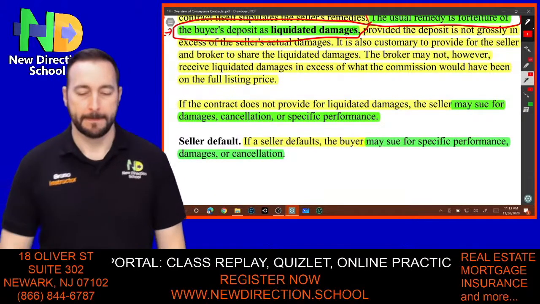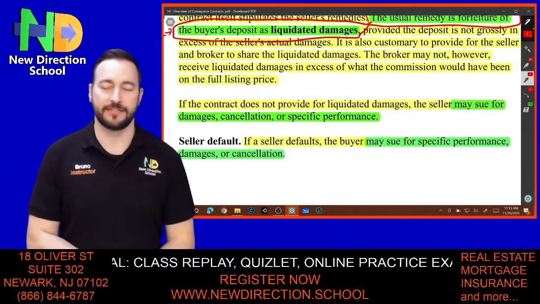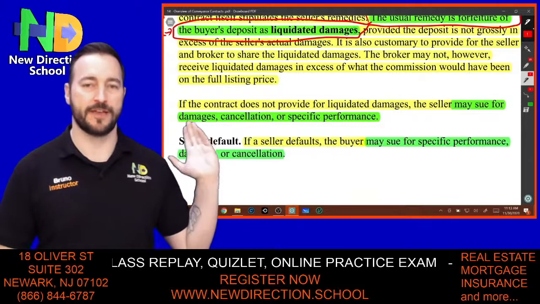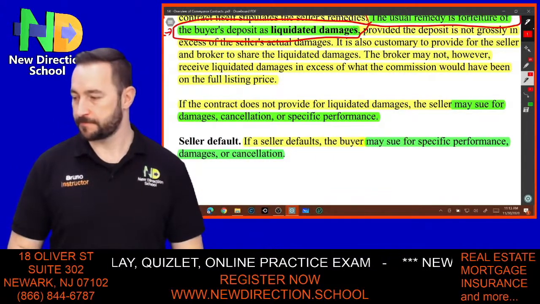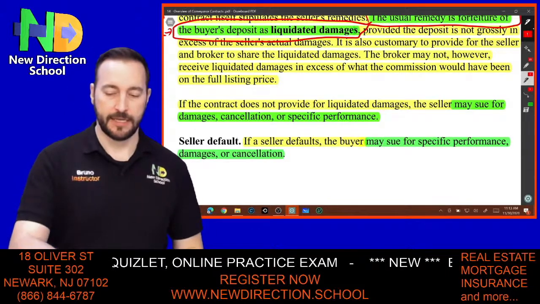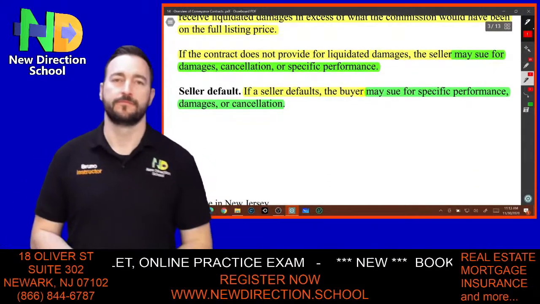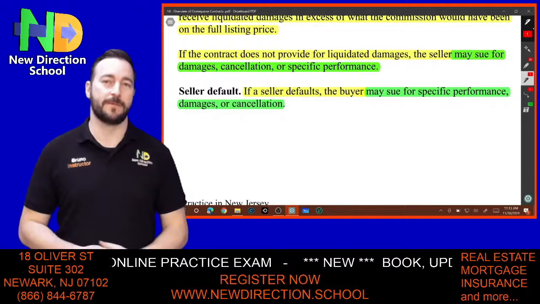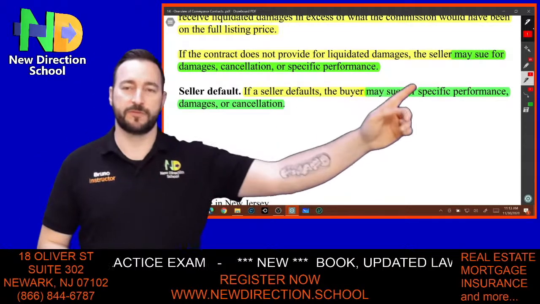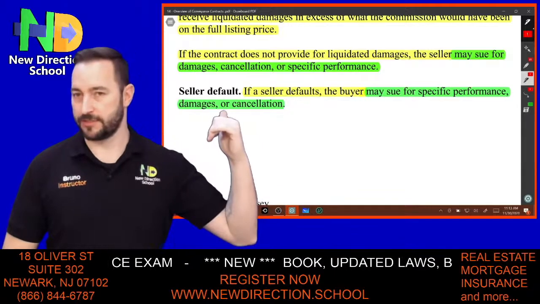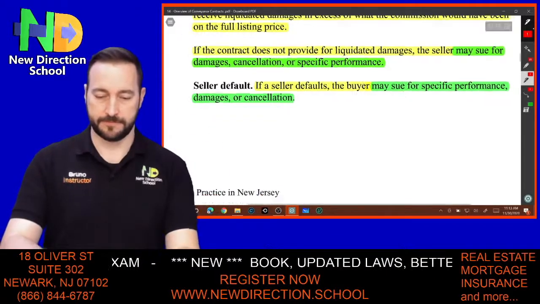All right. Now, if a contract does not provide liquidated damages, the seller may sue for damages, cancellation, or specific performance. If the seller defaults, if the seller is the one that backs out of the deal, right, then the buyer may sue for specific performance, damages, or cancellation. Same thing.